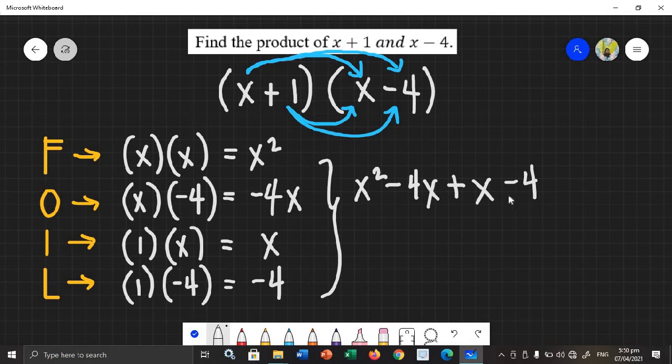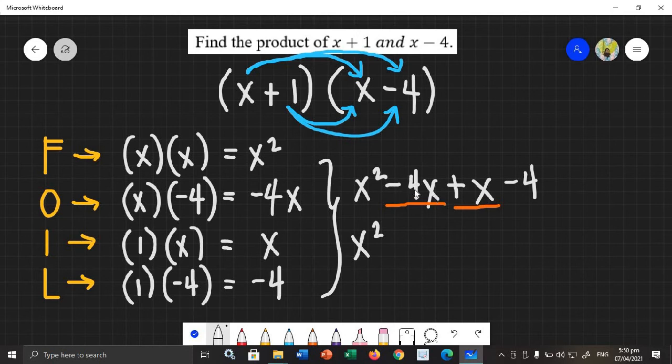And then take a look at your product. If there are terms that have similar literal coefficients, you can combine them. In this case, we have similar literal coefficients, and that is negative 4x and positive x. So you need to combine them. So we have x squared. What will happen is that you need to just combine their numerical coefficient.